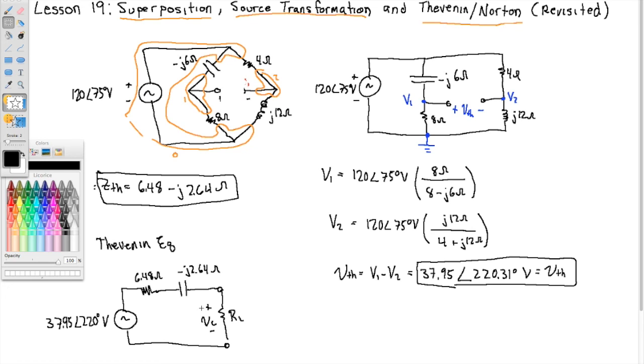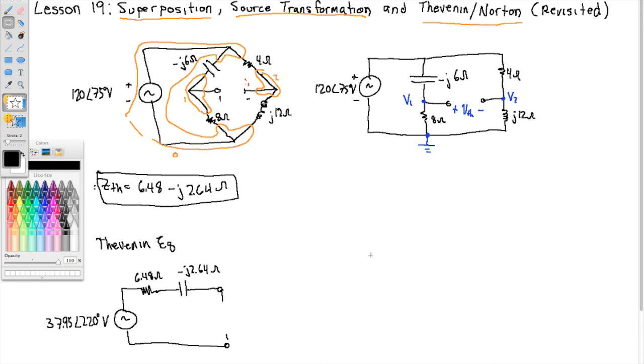From source transformation, we can get the Norton equivalent circuit. We know that the Norton current from source transformation is the Thevenin voltage, this voltage, divided by the impedance.